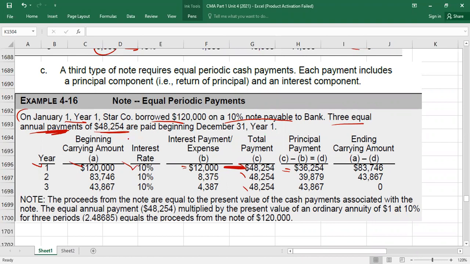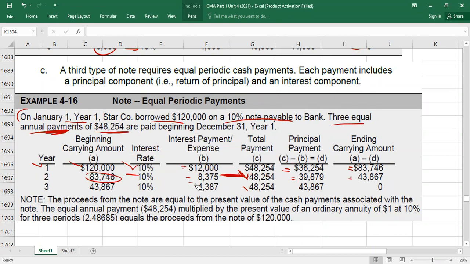Principal. So opening minus principal will be ending liability. This ending will become opening for next year, again times 10%. It will give you interest. Again, what is fixed? Installment. The difference of interest and installment is going to be principal. Opening minus principal will be ending.